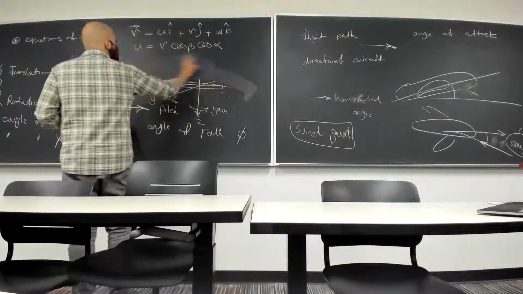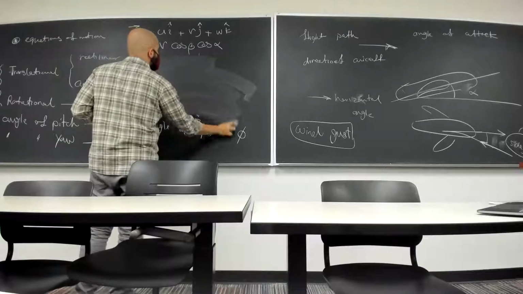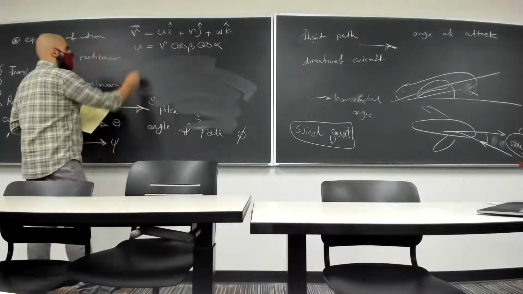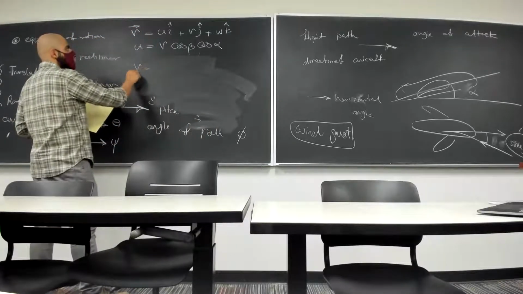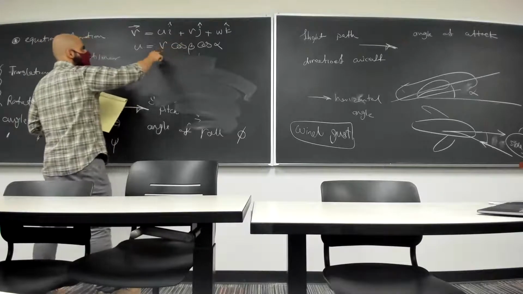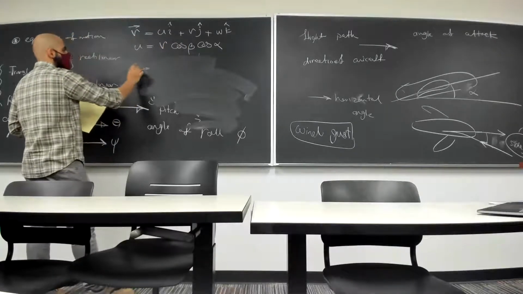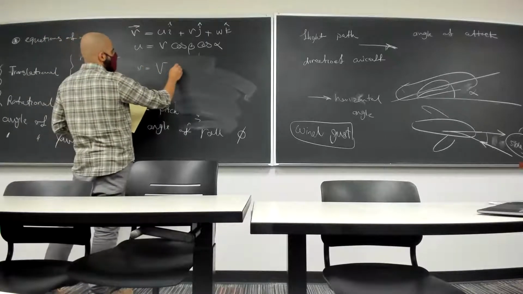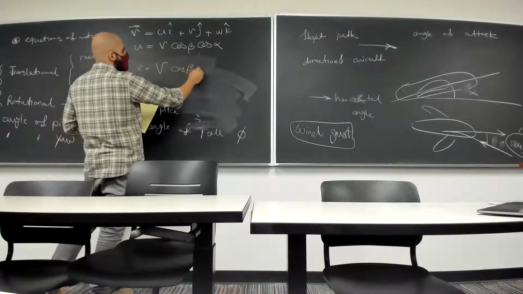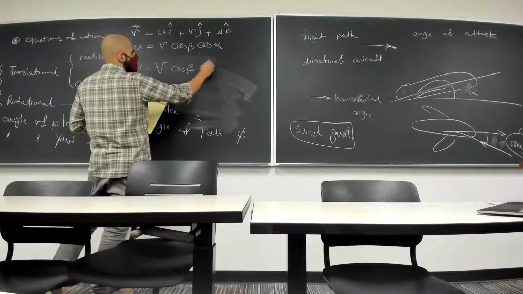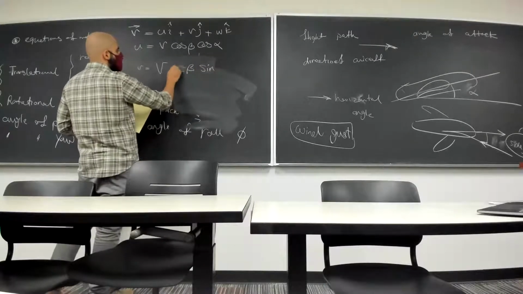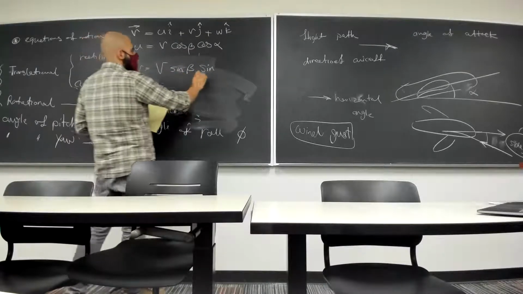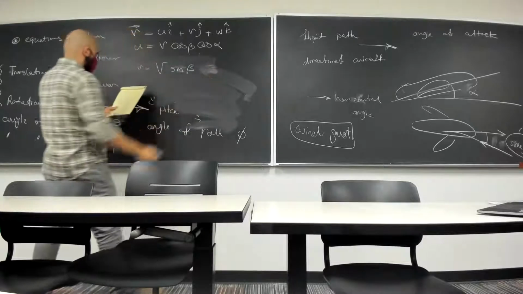So your u is going to be V cosine of beta, cosine of alpha. Small v, you just make sure you understand this distinction, is V sine of beta. That's only sine of beta, right?